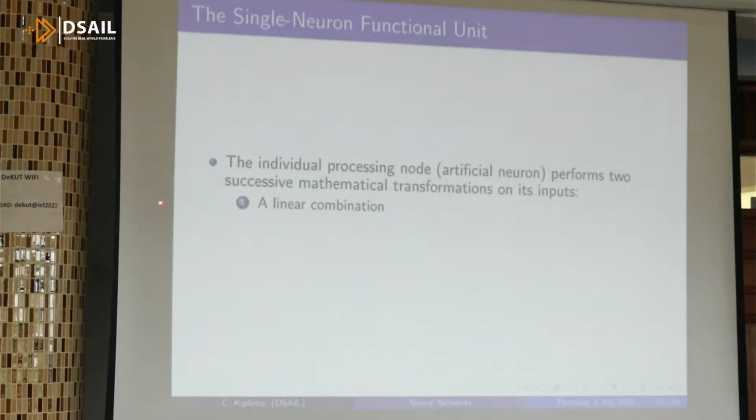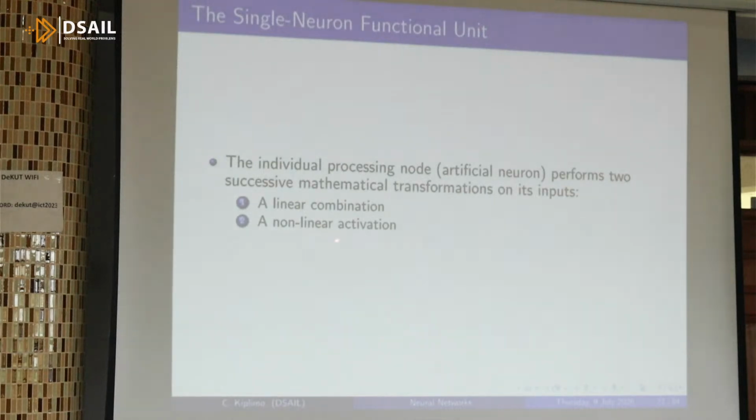Number one, a linear combination, W transpose X plus B. And then a nonlinear activation, that function that we saw earlier as sigma, the activation function. It's called an activation function because it determines whether the neuron becomes active or inactive. If the value is greater than some threshold, the neuron can be considered to be off or on.